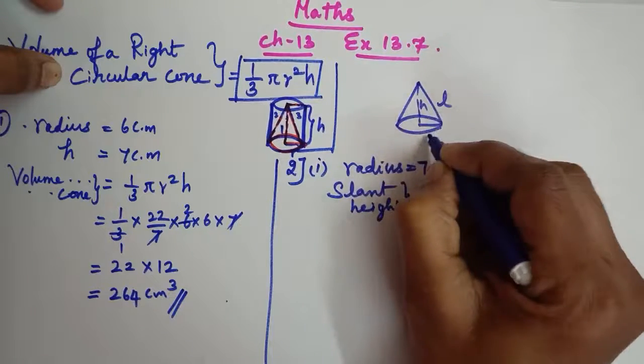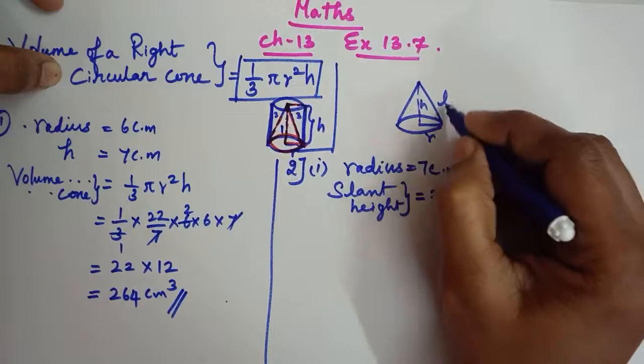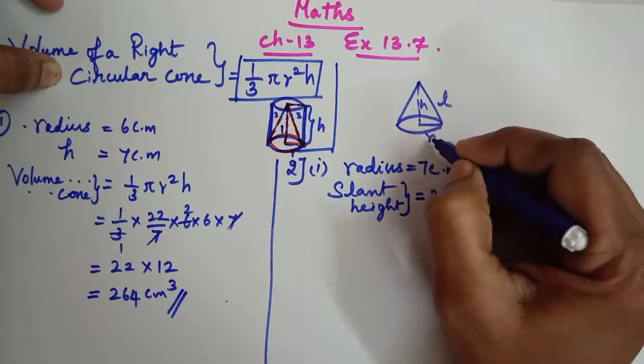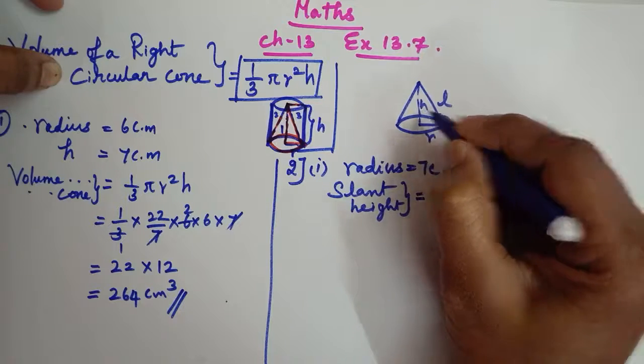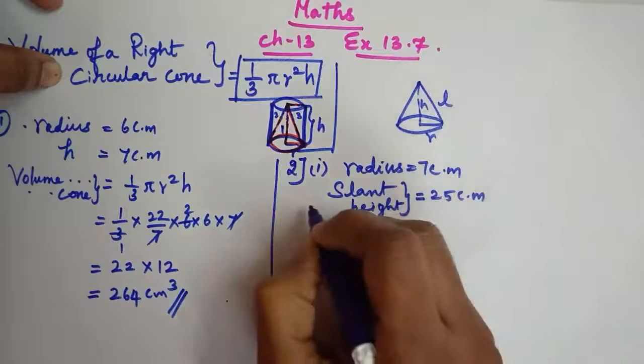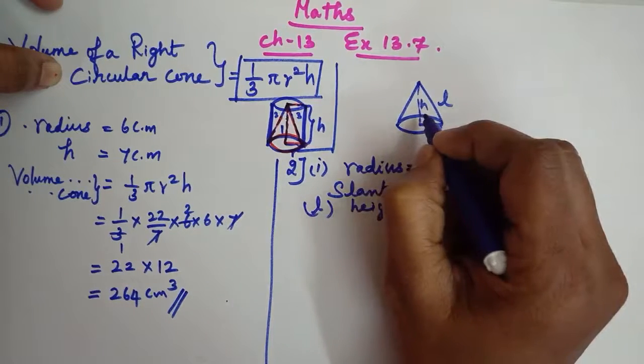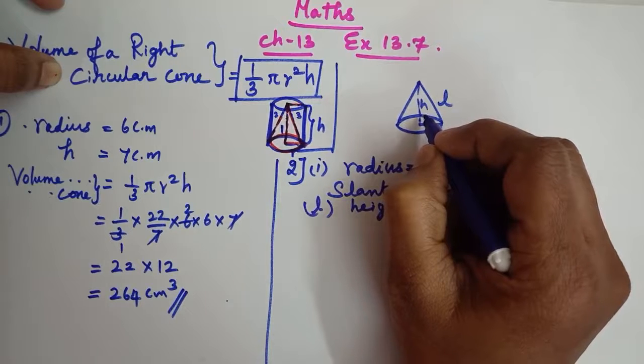This is the cone; this is the height, this is the slant height, and this is r. We have got only the slant height and radius. Radius 7 cm, slant height L is 25 cm, we don't know what h is. So now we have to find h.